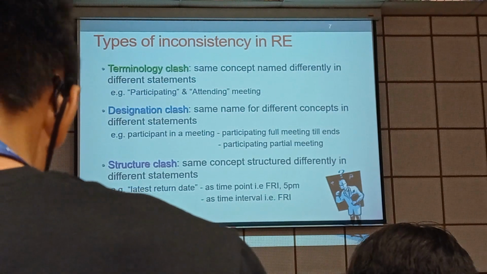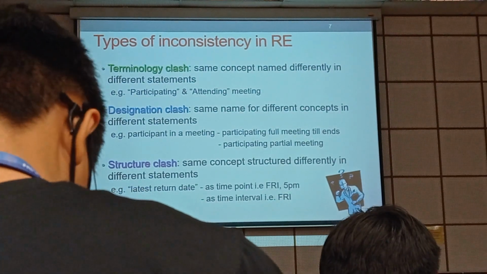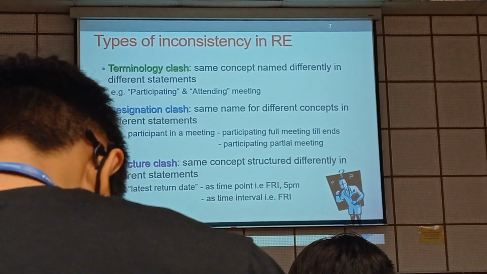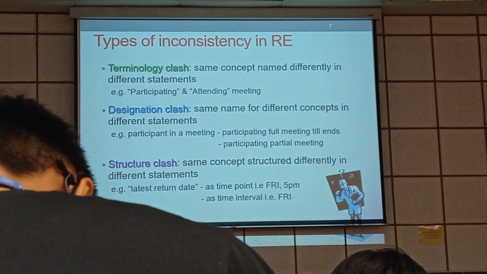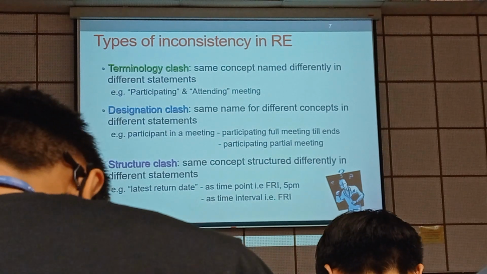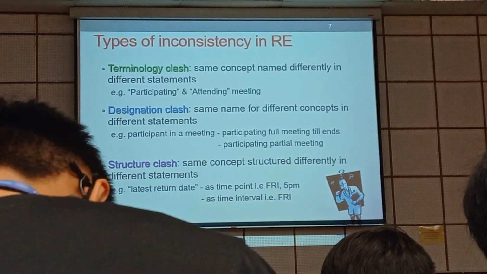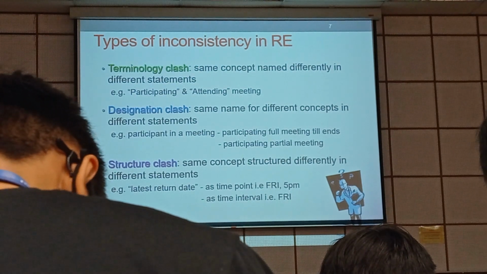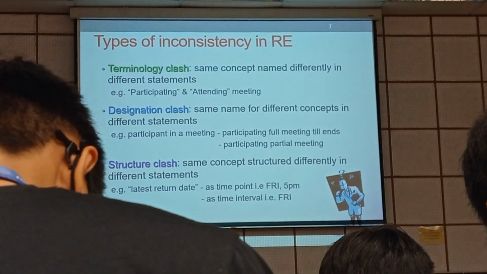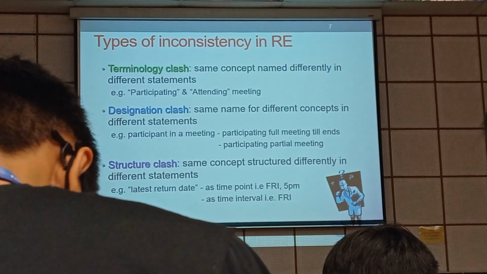When I say two requirements are clashing, what are the types of clash? Three types. Terminology means the same concept but two different names. In your requirement, at one place you call it participant, and at another place you use the term attendees.